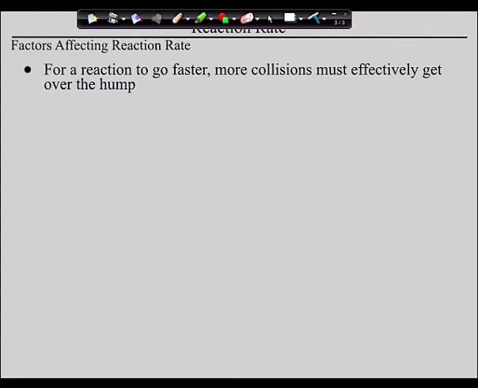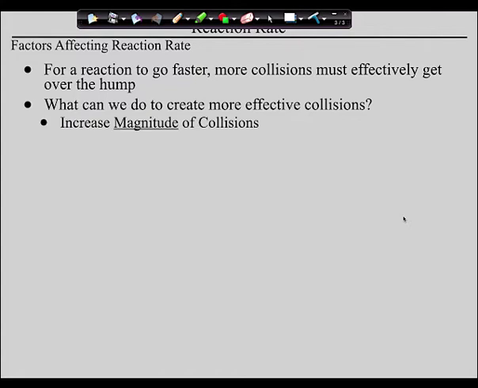So again, guys, how can we do that? How can we get more reactions over the hump? Well, we said it's two things, right? Magnitude and frequency. So if we can increase the magnitude of the collisions, we can get more collisions over the hump. Or if we can increase the frequency of the collisions, we can get more collisions over the hump.